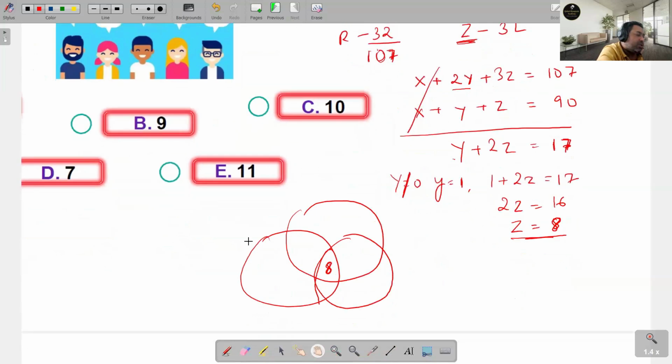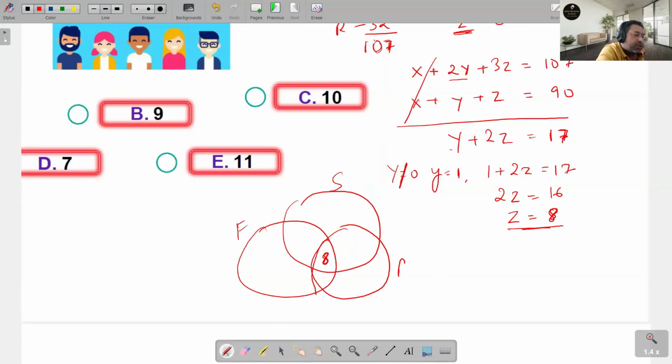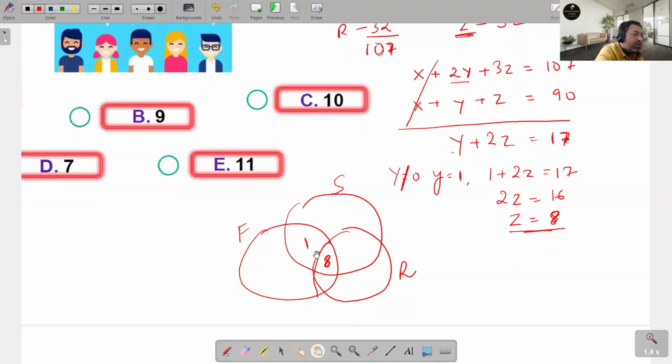So this is French, this is Spanish, and this is Russian. If we put one student who's doing two languages over here, and these other two regions are zeros, then for French, which was 40 overall, 40 minus 9 will be 31 here. And 35 minus 9 will be 26 here.